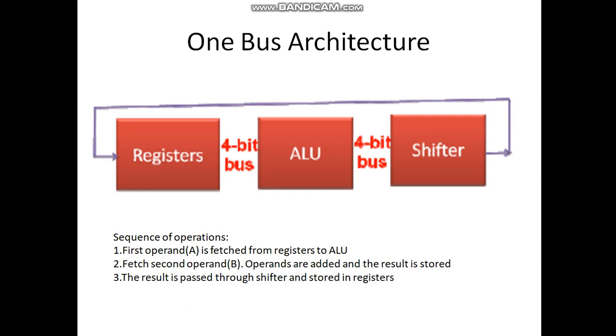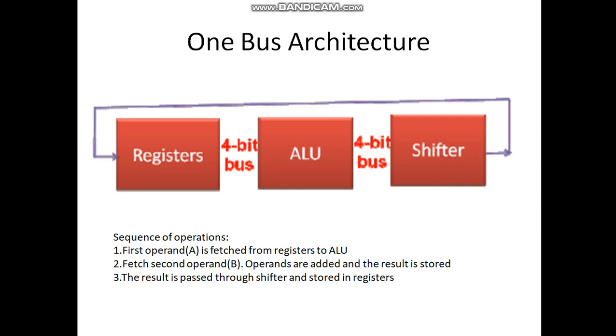Let us consider an example where the two operands A and B should be added. Let us see how the task is being performed. For the first clock pulse, the first operand A will be fetched into the ALU. For the next clock pulse, the next operand B will be fetched into the ALU and it will be added with the contents of A register.